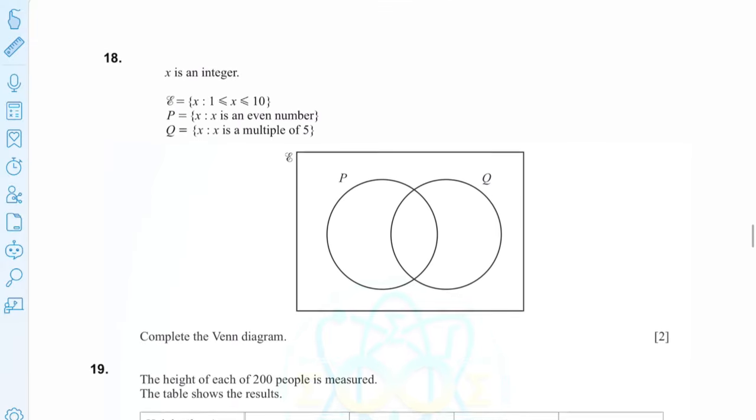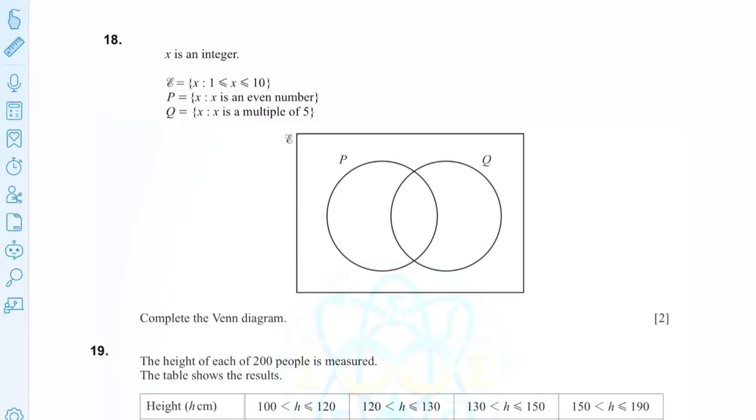Next question is about a Venn diagram. Easy. First list out the numbers. Here by the symbol we can say that 1 and 10 are included, right? So 1, 2, 3, 4, 5, 6, 7, 8, 9 and 10.